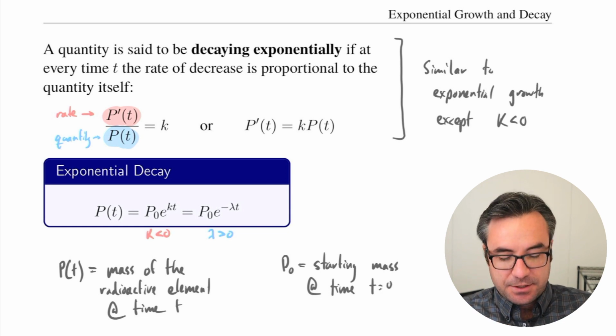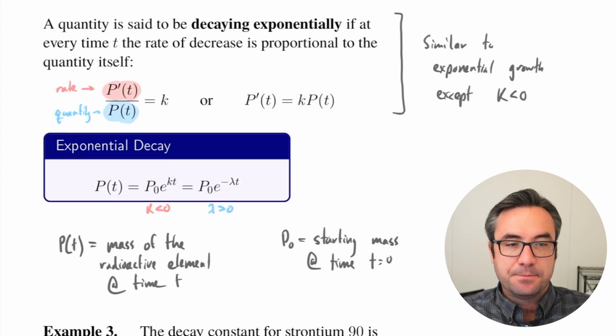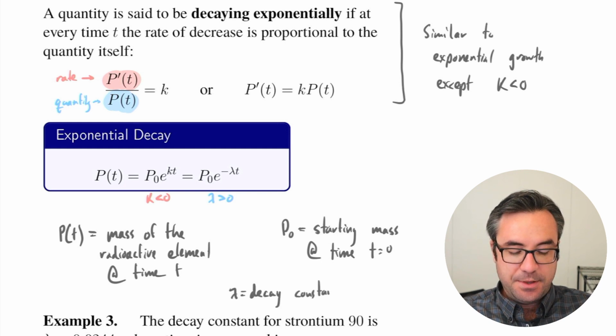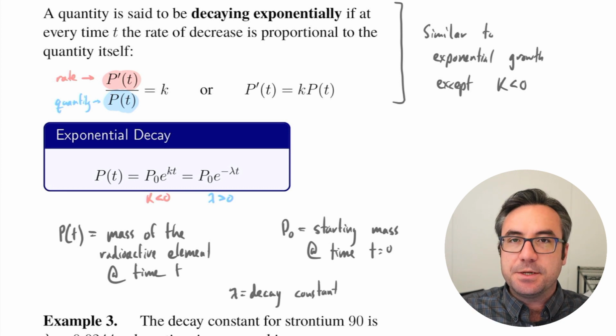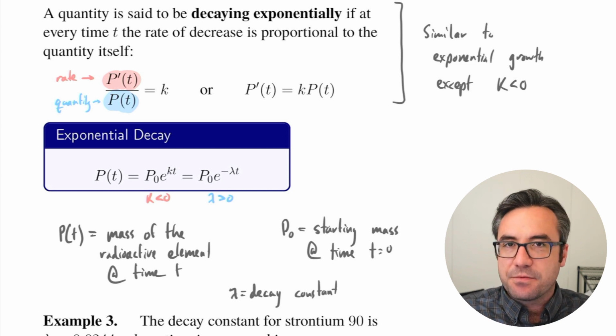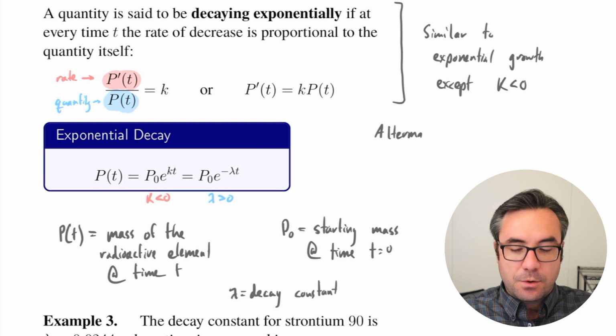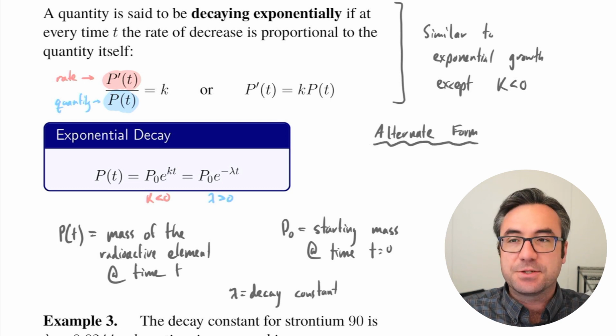And then we're calling this constant lambda. This is really going to be the decay constant, and this is a physical quantity. It depends on the actual radioactive element that we're considering, so different radioactive elements are going to have different decay constants. Now there is an alternate form to this. Rather than using the natural exponential function, we could set it up using base 1/2.